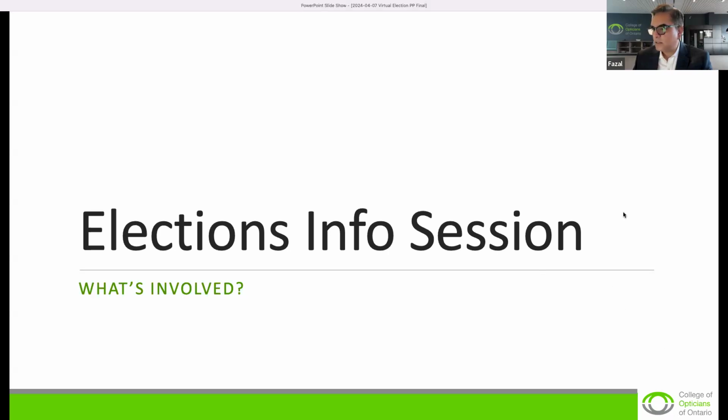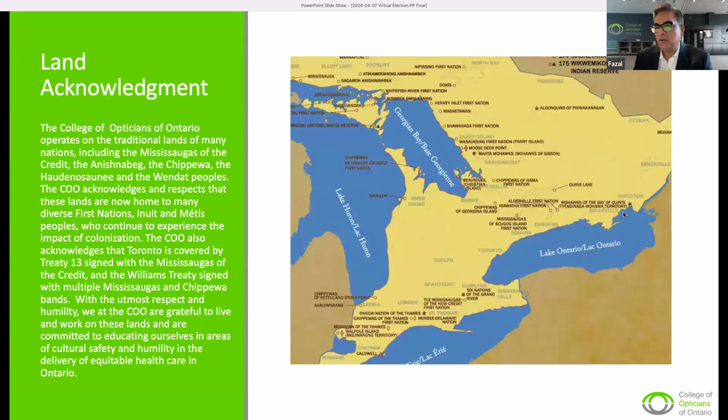Let's get started. I'll start with the land acknowledgement, based on where the college is located. The College of Opticians of Ontario operates on the traditional lands of many nations, including the Mississaugas of the Credit, the Anishinaabe, the Chippewa, the Haudenosaunee, and the Wendat peoples. The college acknowledges and respects that these lands are now home to many diverse First Nation, Inuit, and Métis people who continue to experience the impact of colonization.